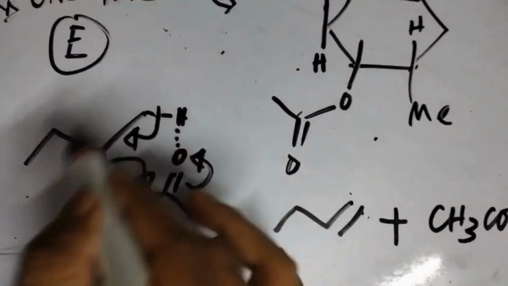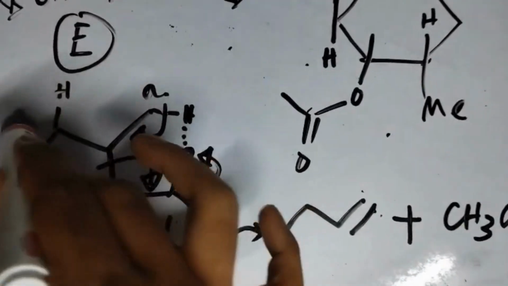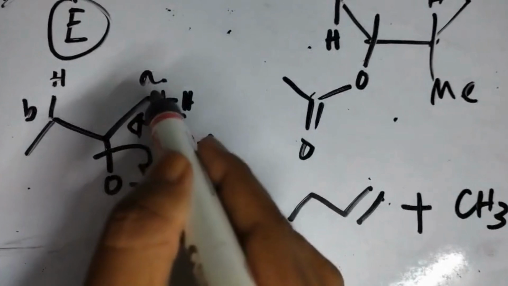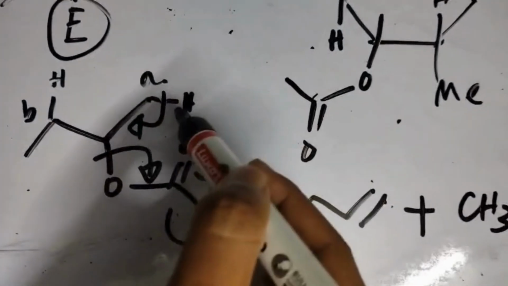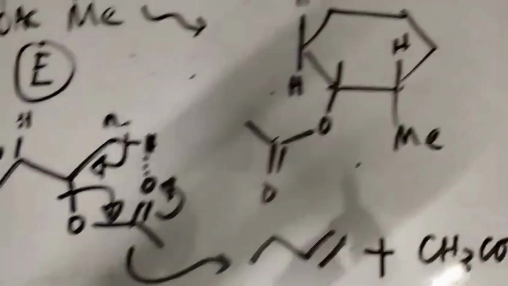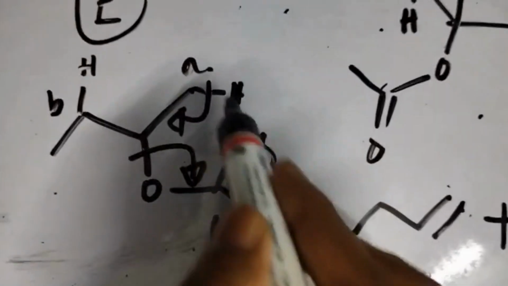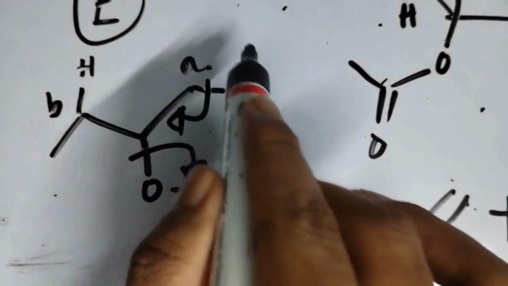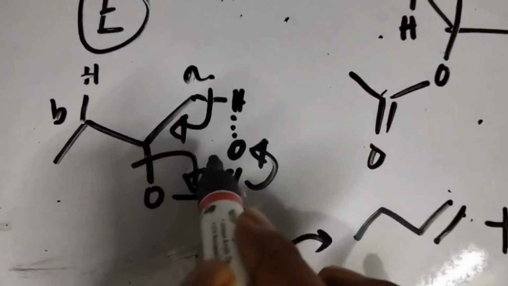Now there were two options, hydrogen A or B, and on analyzing the acidity of these two hydrogens, we find that hydrogen A is more acidic, and hence that goes in the elimination. To be noted, this is a very stereospecific reaction where the hydrogen needs to be on the same side as the leaving group, as it forms a cyclic transition state.